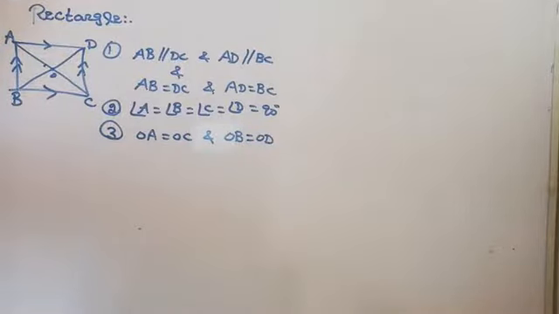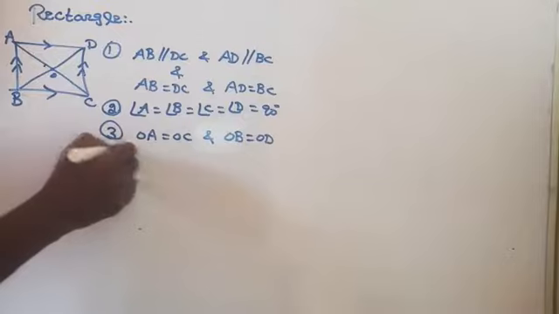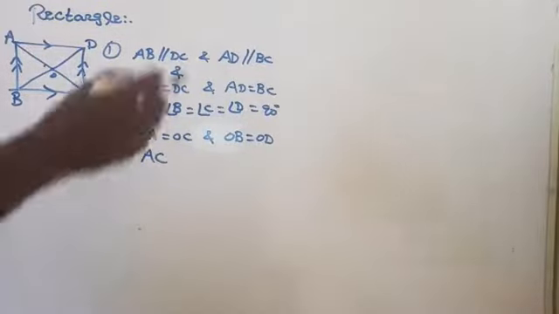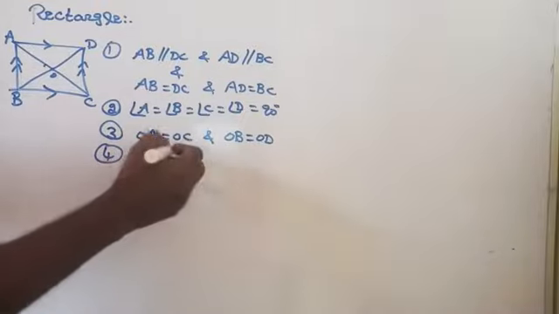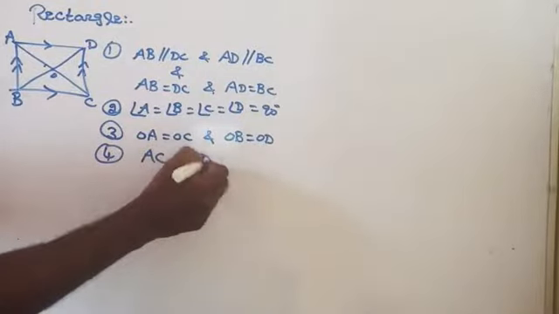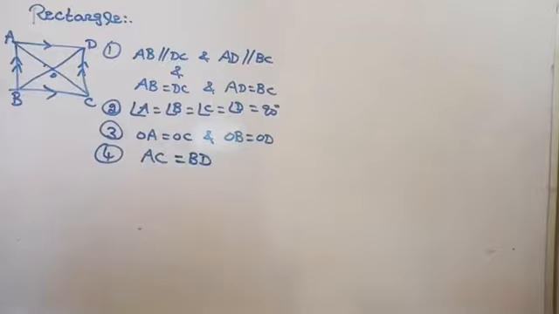Apart from that, the diagonals are equal. It satisfies all the properties of a parallelogram. Apart from that, the diagonals are equal, that is AC equals BD. That is a property of a rectangle.